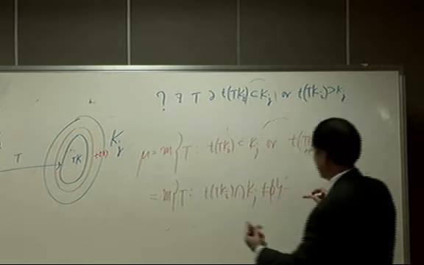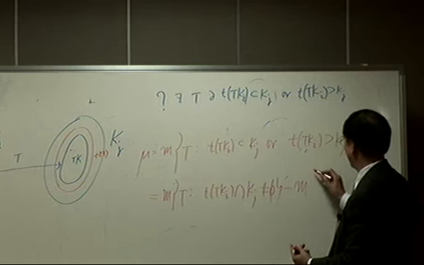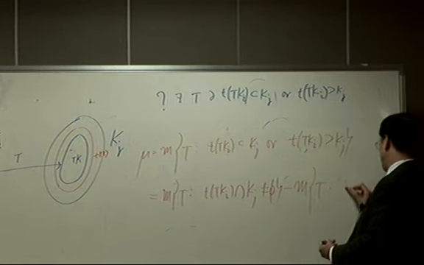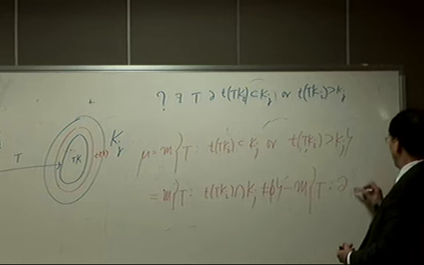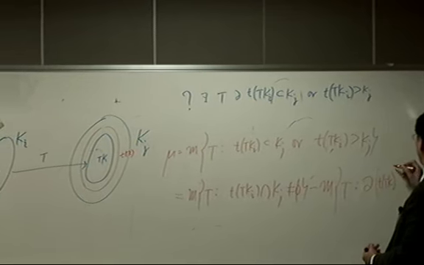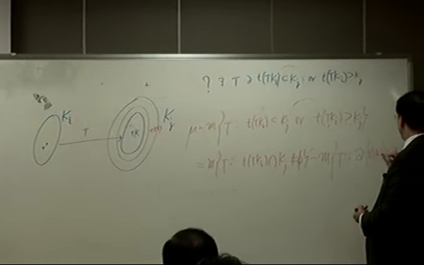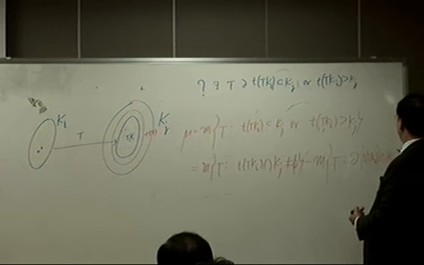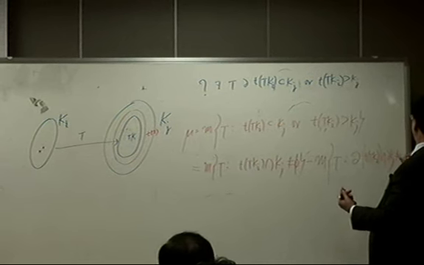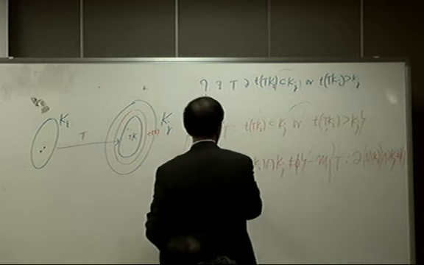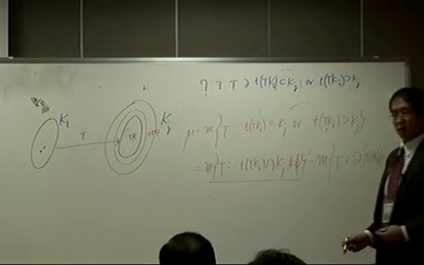So we must subtract those T such that the boundary of T Ki and the boundary of Kj is not empty. So this formula is okay.